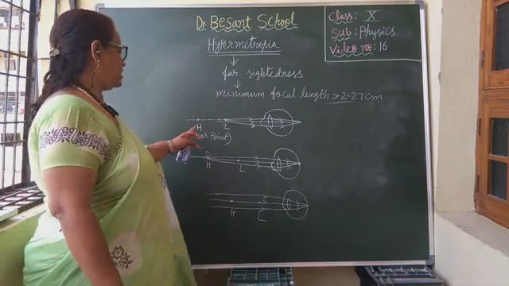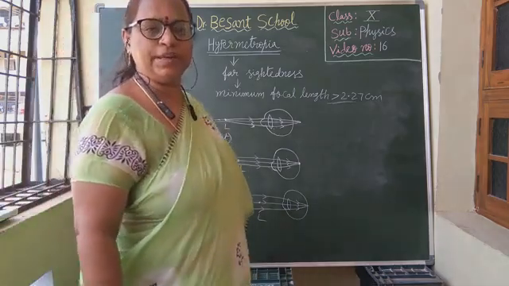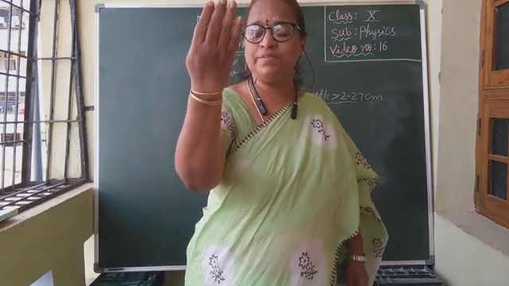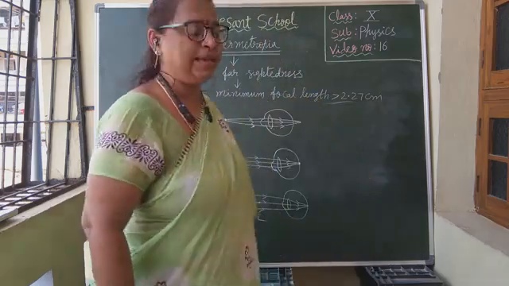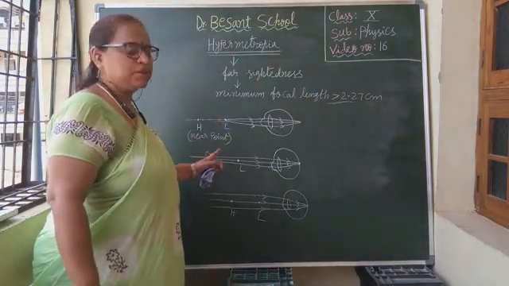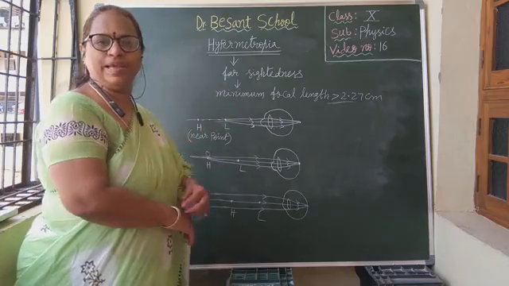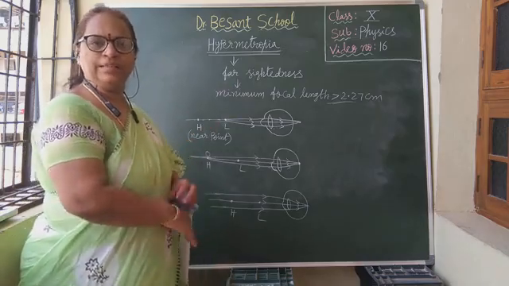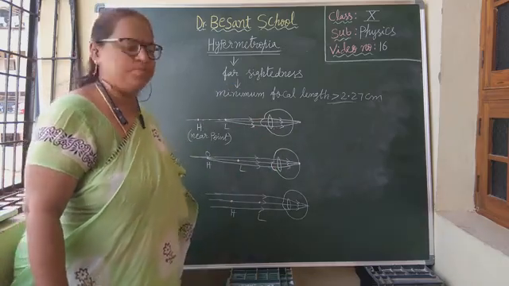If the object is in between near point and L, anywhere. What is meant by near point, children? The minimum distance at which a hypermetropic person can see the objects clearly is called near point. So from near point to the least distance of distant vision, anywhere you place the object, the image will form beyond the retina, so the person cannot see the objects.